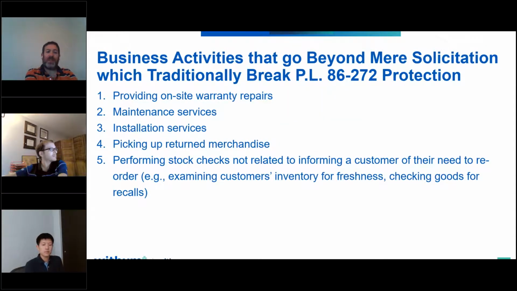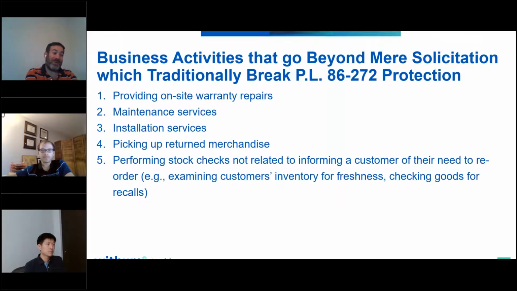So again, other business activities that go beyond mere solicitation: providing on-site warranty repairs, maintenance services, installation services, picking up returned merchandise, and performing stock checks not related to informing a customer of their need to reorder. There's a famous case around 86272 where Tic Tac would send employees out to all these convenience stores to make sure that the Tic Tacs on display weren't past their sell-by date.